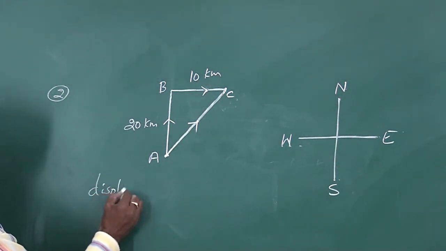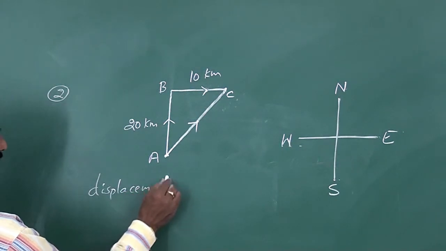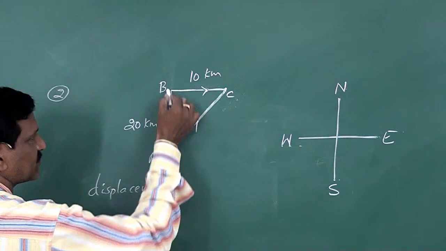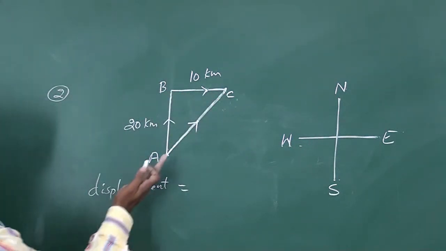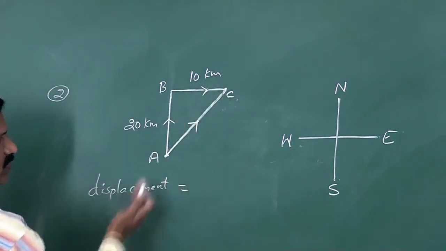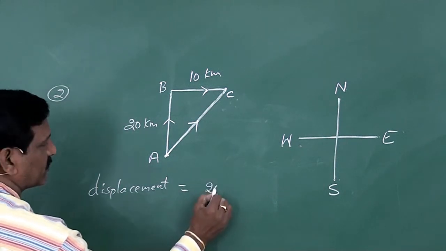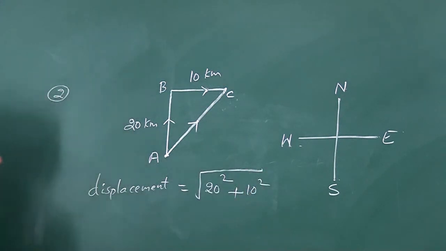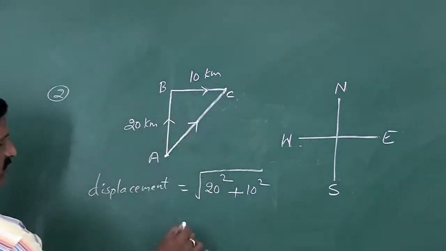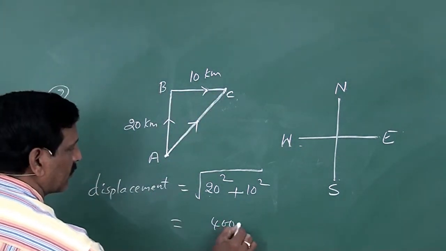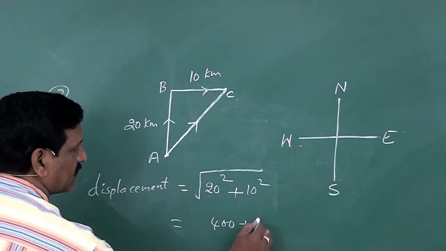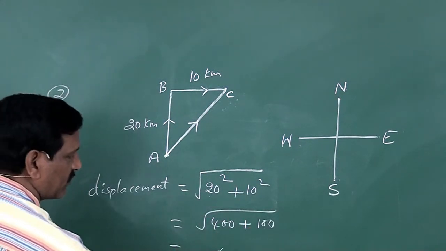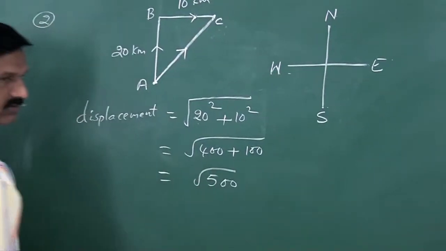Hence displacement is equal to the hypotenuse of this right angled triangle. So the length of the hypotenuse is the square root of 20 squared plus 10 squared. 20 squared is 400, plus 10 squared is 100, so root 500.